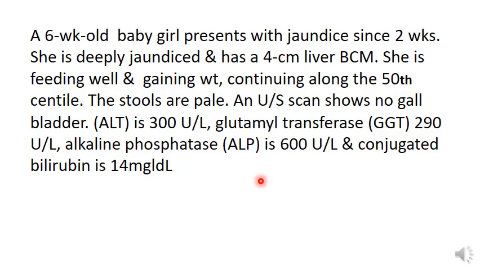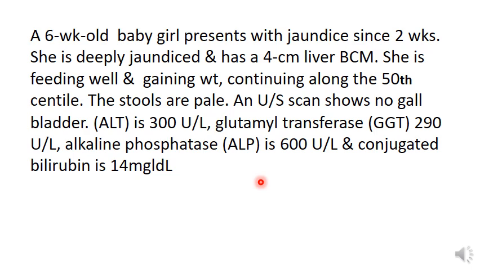Here, a 6-week-old girl presents with jaundice since 2 weeks. She is deeply jaundiced and has a 4 centimeter hepatomegaly below the costal margin. She is feeding well, gaining weight, and continuing along the 50th centile for hair growth.